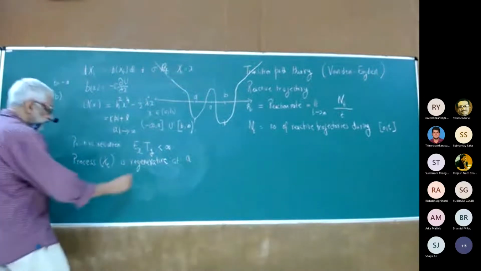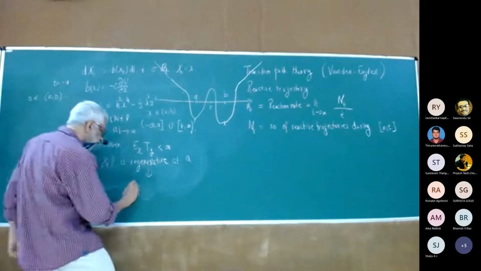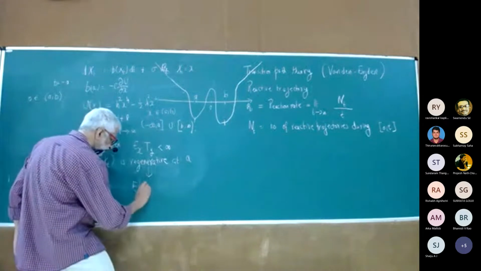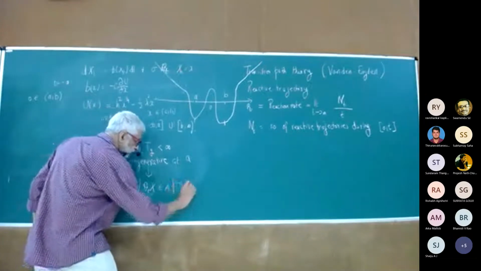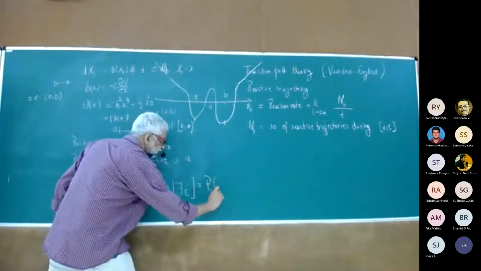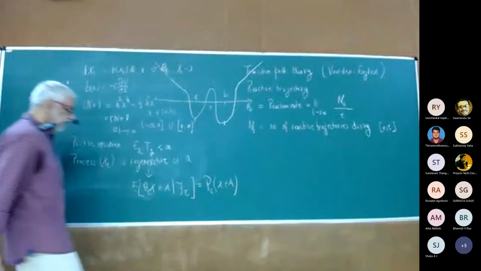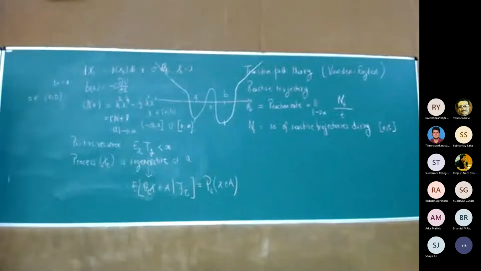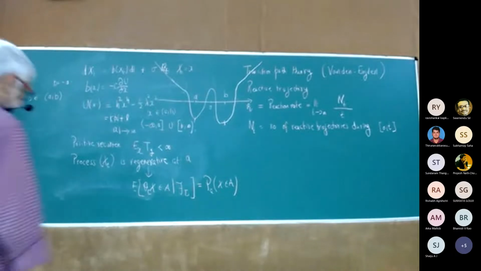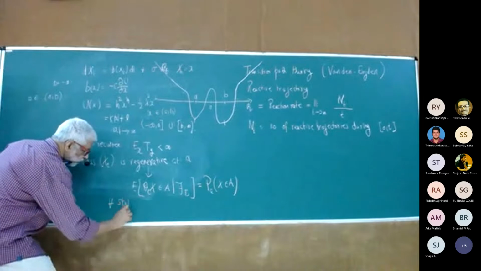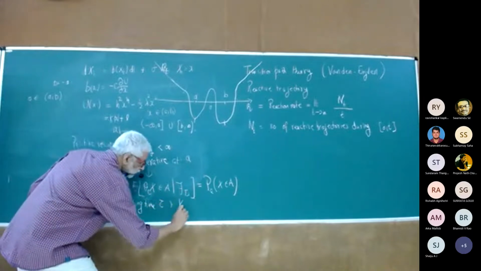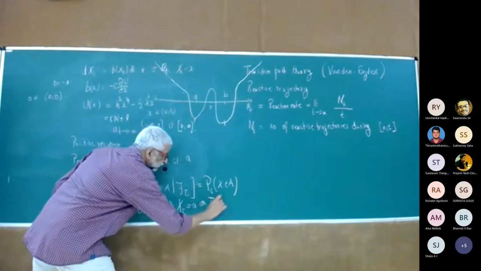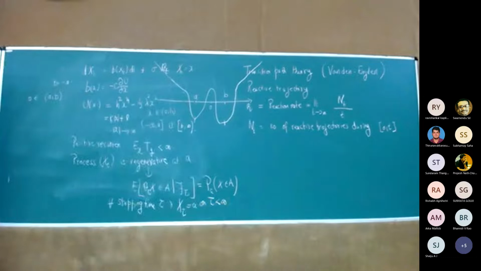The definition is that the conditional expectation of theta_tau of X conditioned on F_tau is equal to P_A of X, for every stopping time tau such that X_tau is equal to A on tau finite. This follows from the strong Markov property.